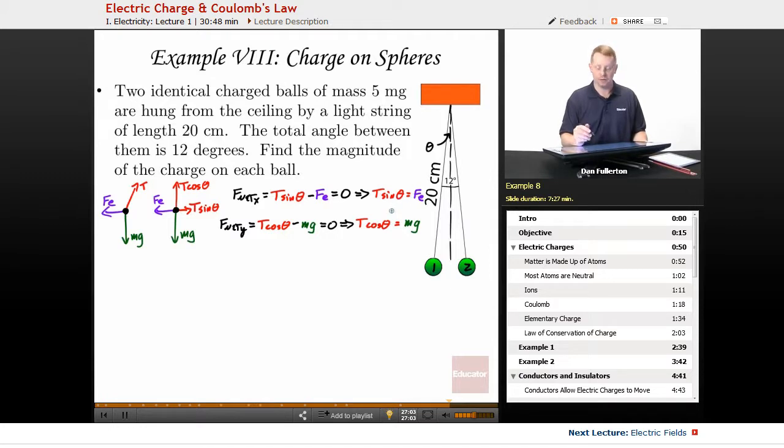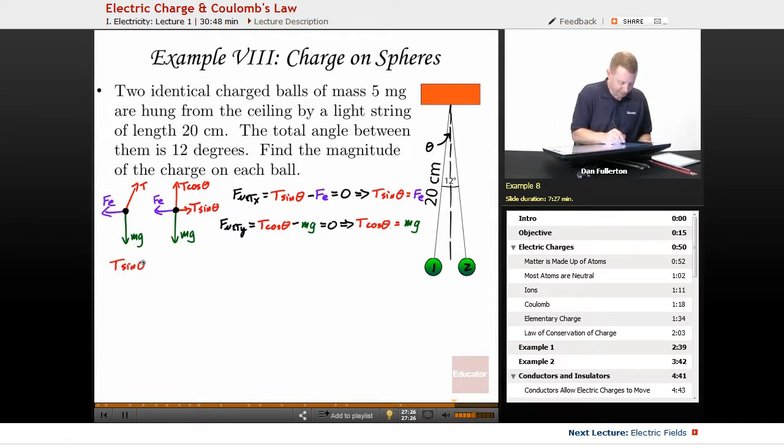Looks like I can probably do some simplifications here, and I'm going to pull a little trick. If that's equal to that, and that is equal to that, if I divide the first equation by the second, that also still has to be equal. So T sine theta over T cosine theta must equal Fe over mg.